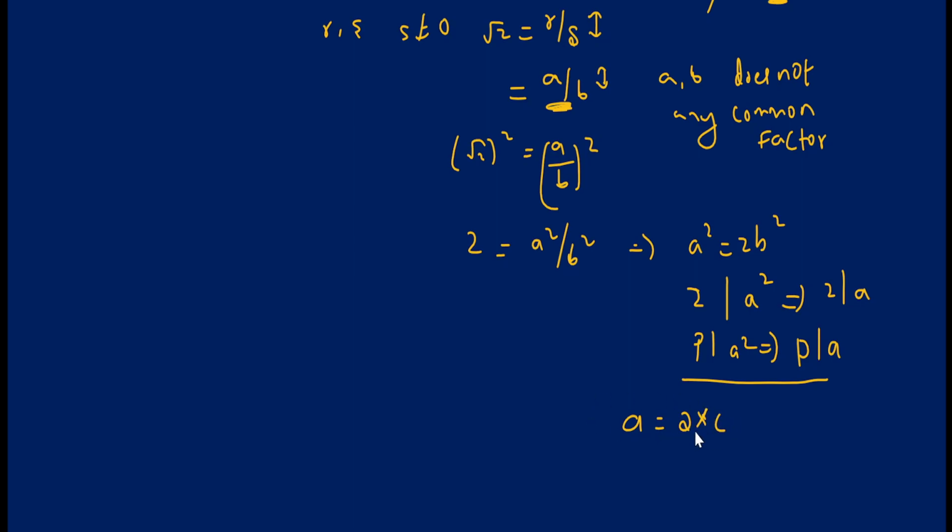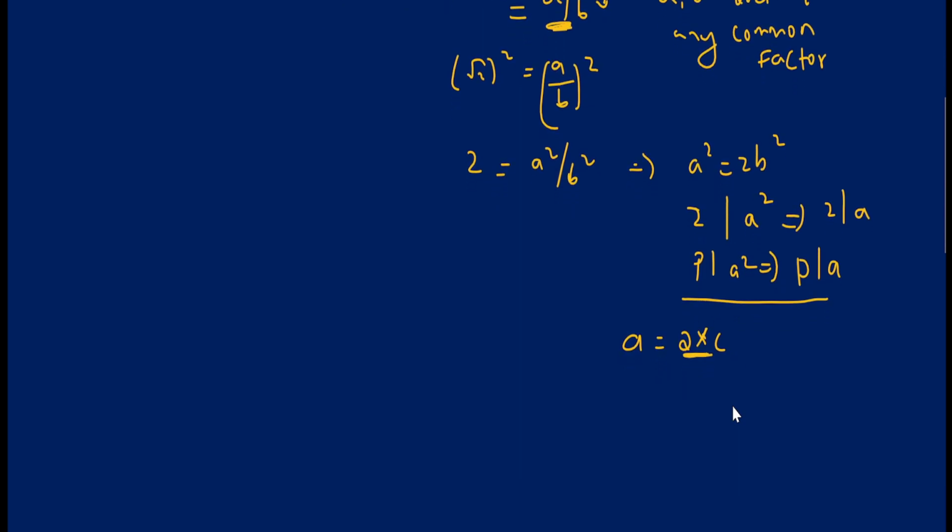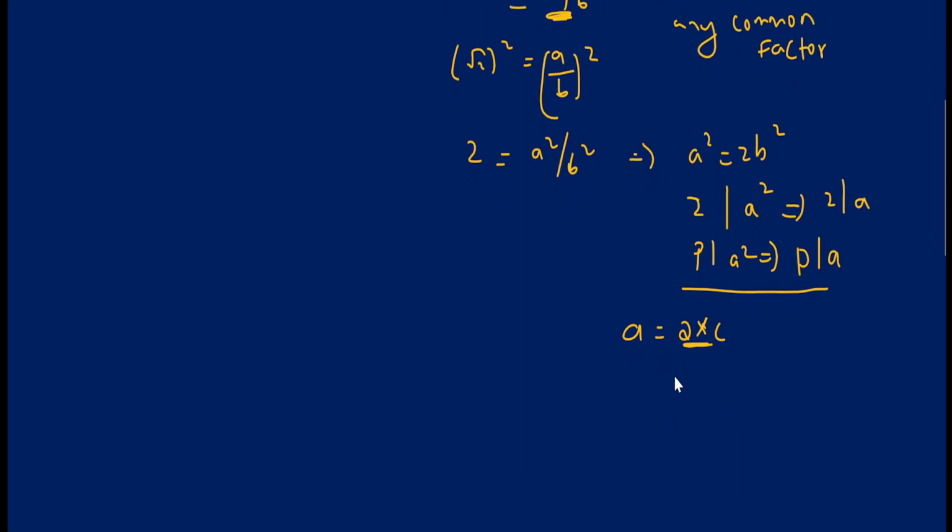Now let's substitute this 2 times c back into the above equation, which makes 2c whole square equal to 2 into b square, which implies 2 square, that is 4c square, is equal to 2b square.